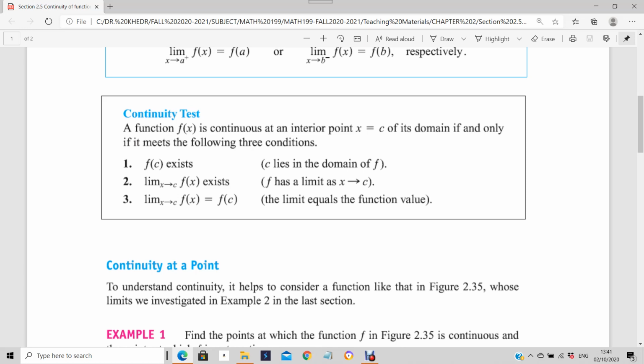Condition 2: limit f of x as x goes to c exists, so f has a limit as x goes to c. Condition 3: limit f of x as x goes to c equals f of c. The limit equals the function value. These 3 conditions have to be met in order for the function to be continuous. If one of these 3 conditions is not met, then we will say the function is discontinuous.